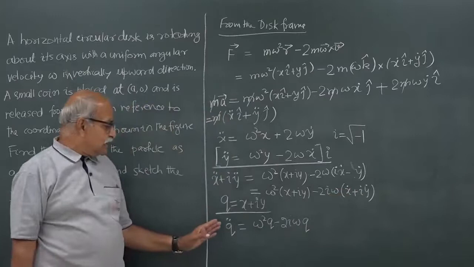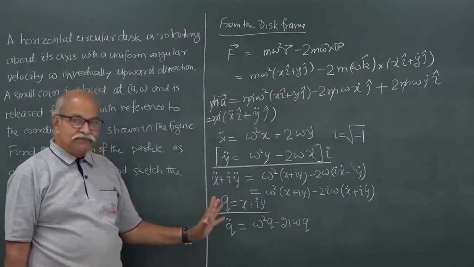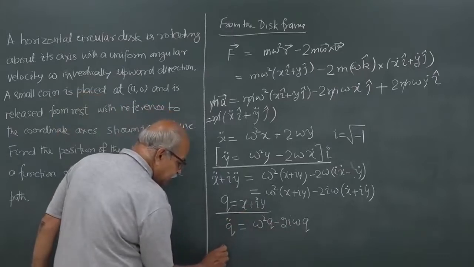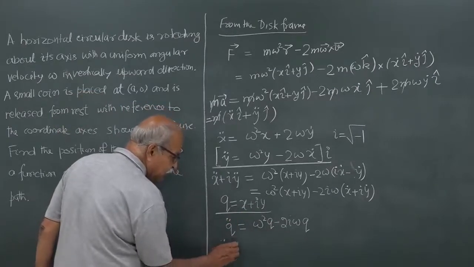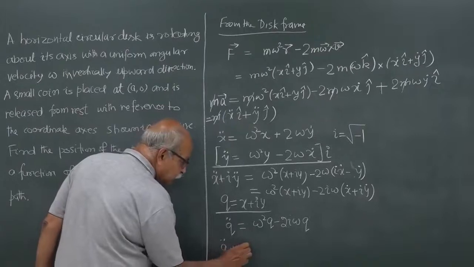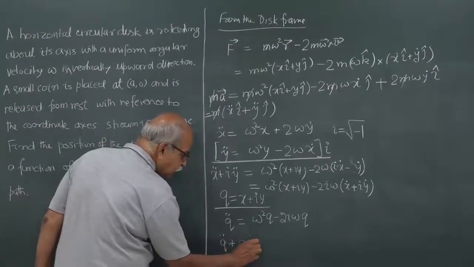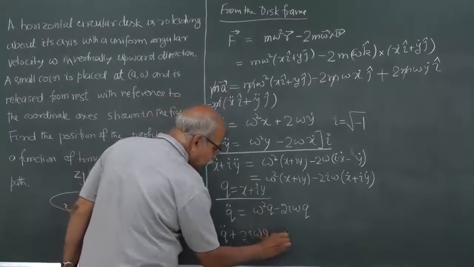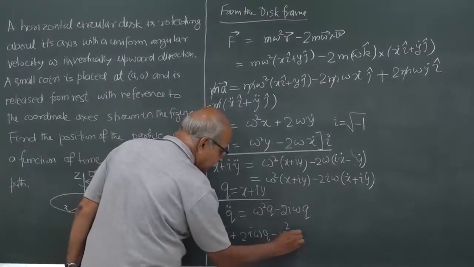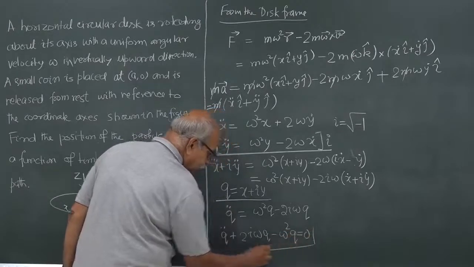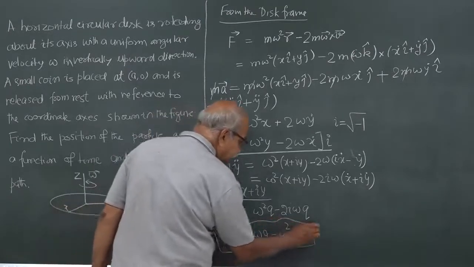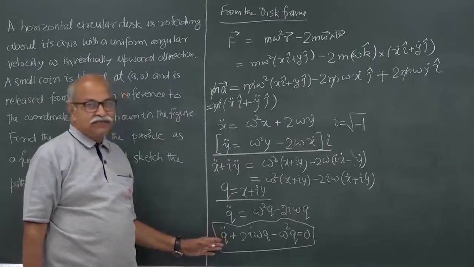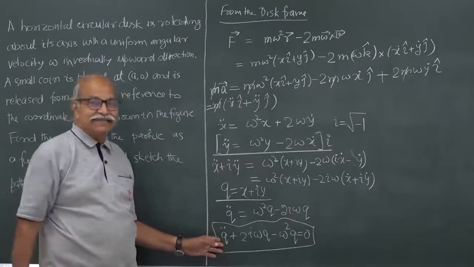So now I have an equation in q as a function of time. So I can bring this side: q double dot plus 2 i omega q dot minus omega square q equal to 0. And this is a very standard second order differential equation with constant coefficients.